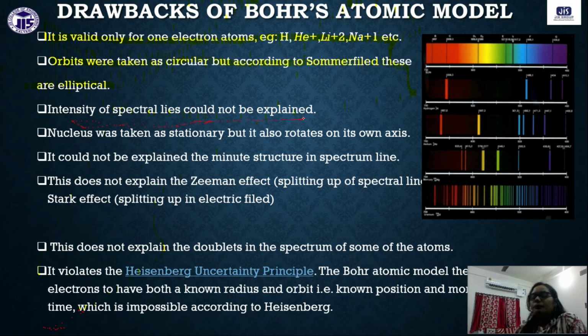By Bohr's orbit we can explain the line spectra of the hydrogen atom, but in the presence of a magnetic field or an electric field, the spectral lines split further. This further splitting of line spectra cannot be explained by Bohr's atomic model. As I told you, it does not explain the Zeeman effect and the Stark effect.